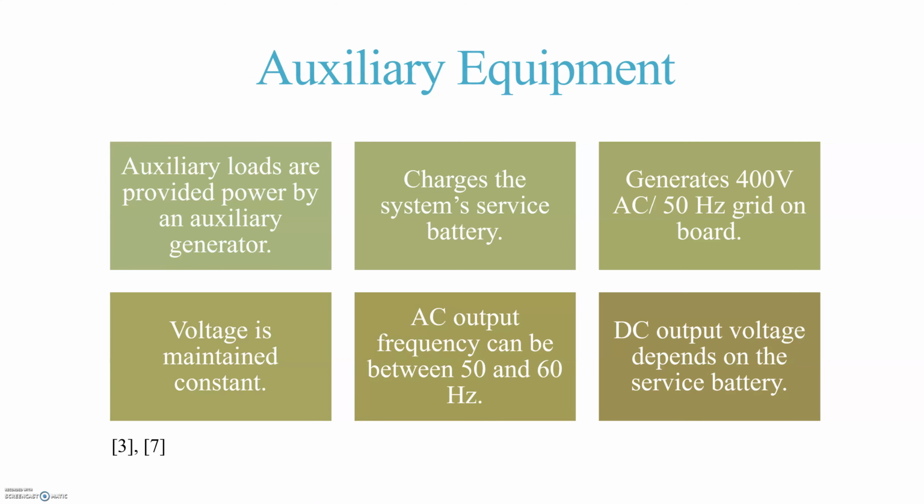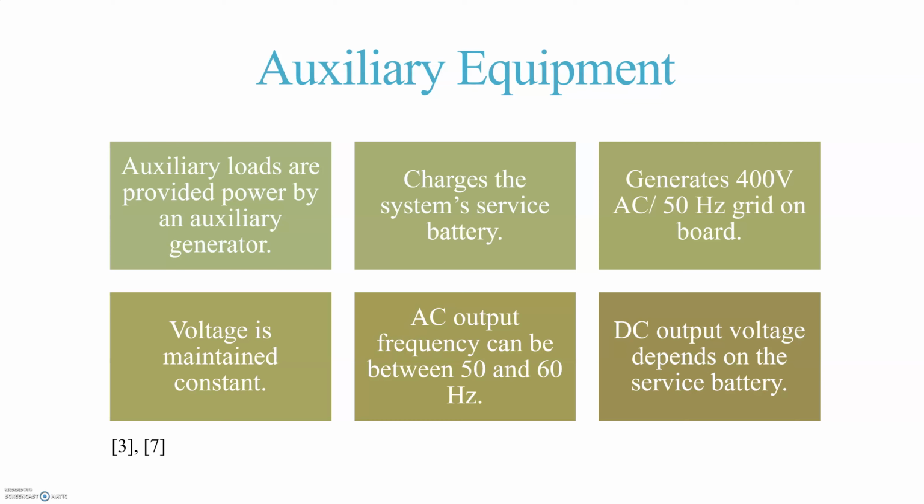All the auxiliary loads are powered by an auxiliary generator. This power system is a converter charging the service battery and generating a 400-volt AC 50 Hz grid on board.